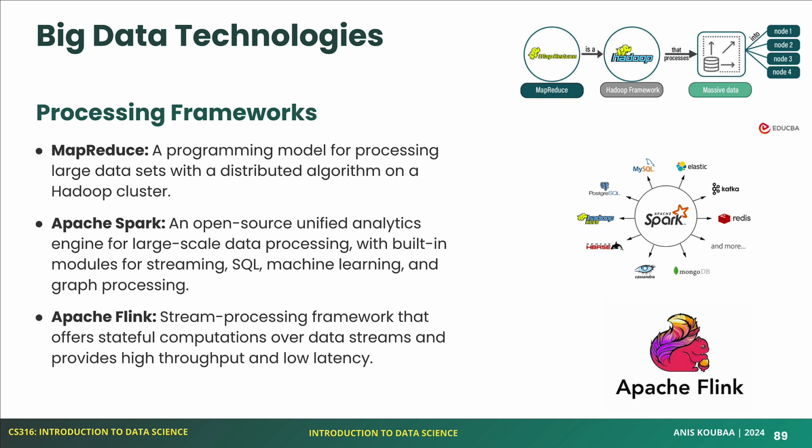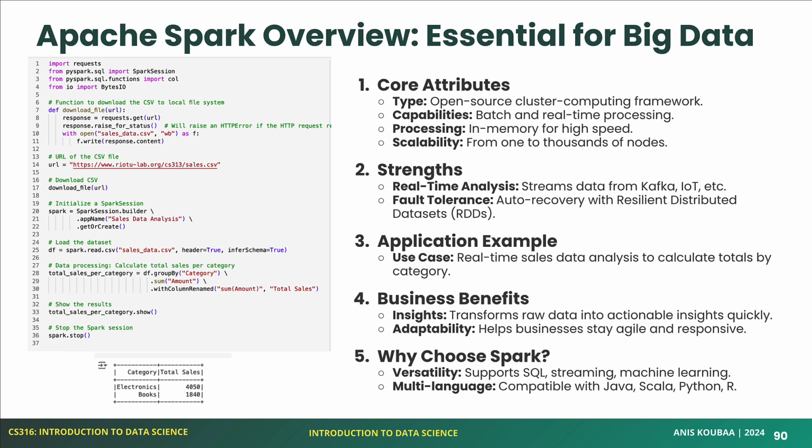Maybe you need to add a data cleaning phase, and then a processing phase, you calculate averages, you calculate filtering, you will do any kind of operation. And then maybe you want to make storage, you want to make recommendation, adding AI or machine learning algorithms. So it allows you to define pipelines for a particular session of incoming streams. And Apache Flink, so this is used to offer stateful computation over data streams and provide high throughput and low latency. And there are so many others. This is just a very small snapshot about the technologies.